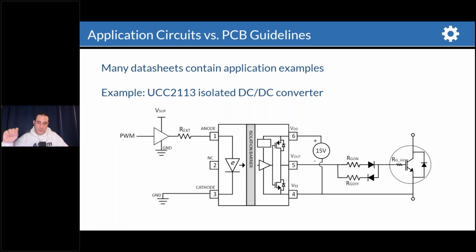This is really just an example that you can use to play with to then work within your design. Here you are left to determine the values of these resistors. That's actually quite common. In other cases, they will show you a completely ready to use circuit in the data sheet that you can immediately build onto a breadboard or onto a test board.